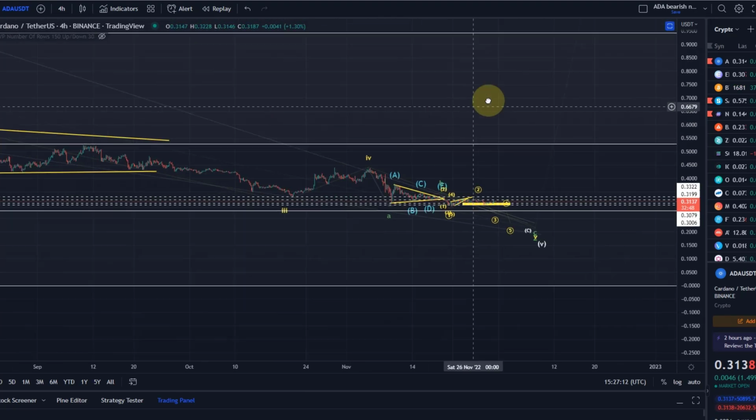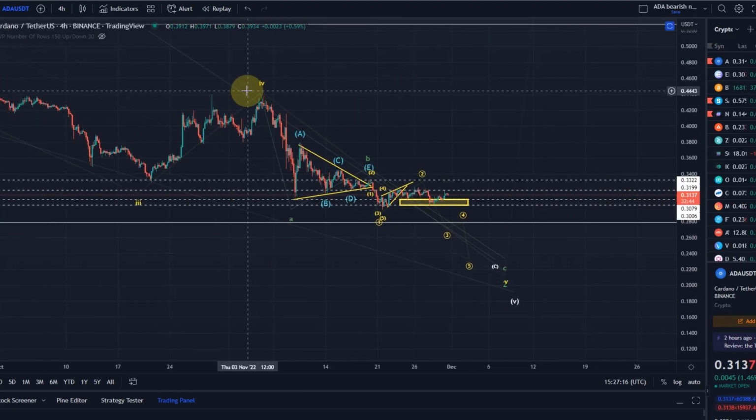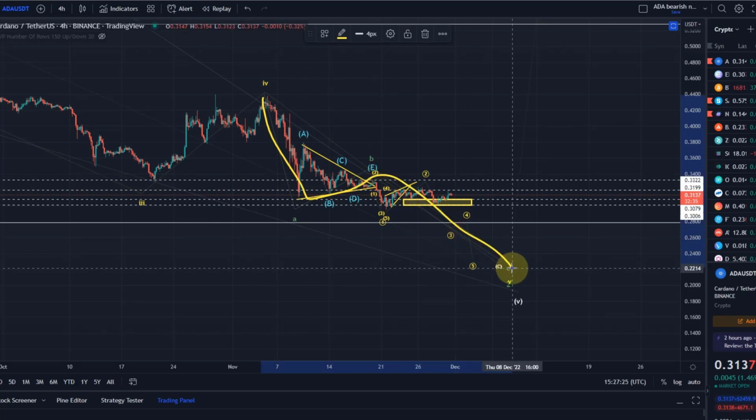In this fifth wave, I count it as an ABC. We've got the wave A down, the wave B as a triangle, and we could be in the wave C. There's at least a good way of counting it, especially as we haven't yet seen any reversal to the upside. That is unchanged from the previous video, so there is no clear bottom signal in place.